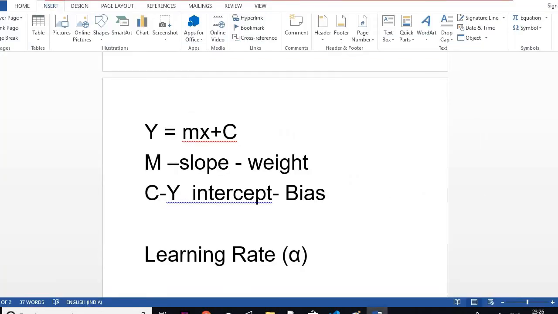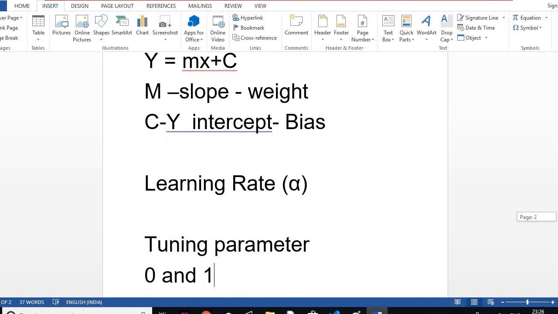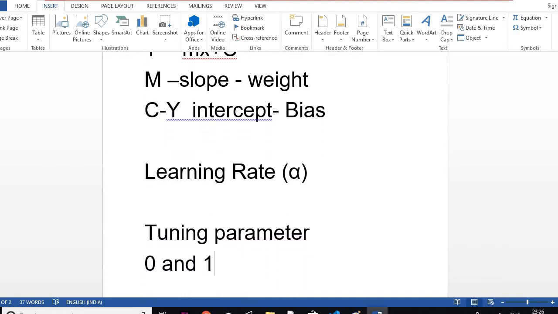Now, another term we need to understand to understand gradient descent is learning rate. What exactly is learning rate?